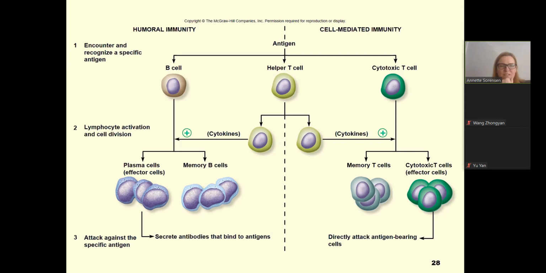The helper T cells secrete cytokines, and it's actually these cytokines which are activating B cells and cytotoxic T cells to proliferate. And we get what is called a clonal expansion. So does anybody know what clonal expansion means? No? Well, clonal expansion is actually quite an important term in this scenario.